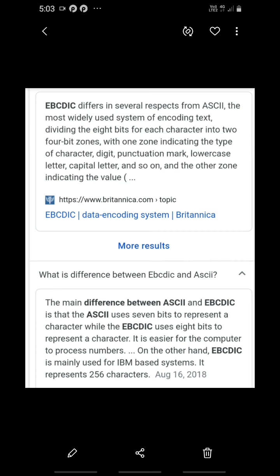On the other hand, EBCDIC is mainly used for IBM based systems. It represents 256 characters, while 2 power 7 is equal to 128. So these are the uses and differences between alphanumeric codes like ASCII and EBCDIC.